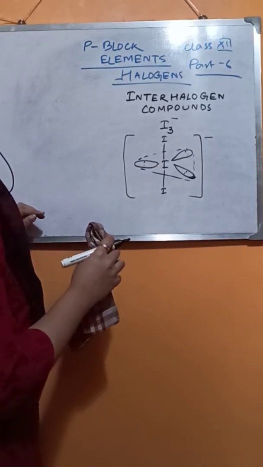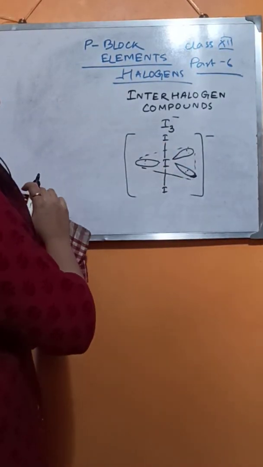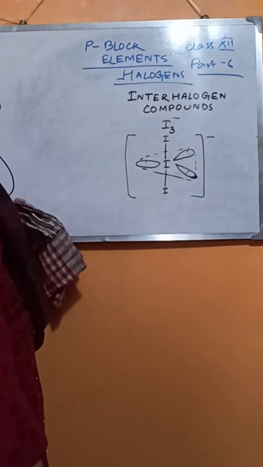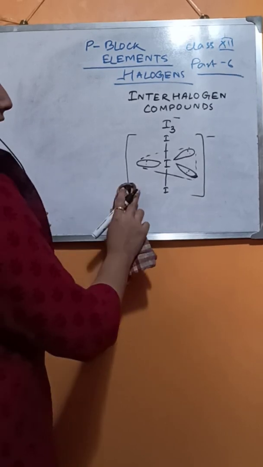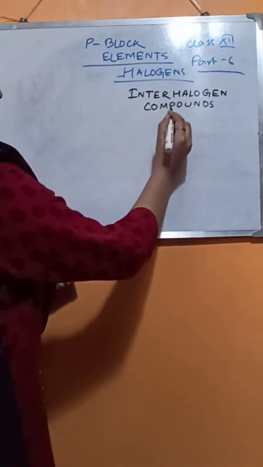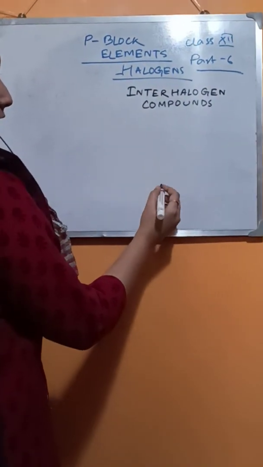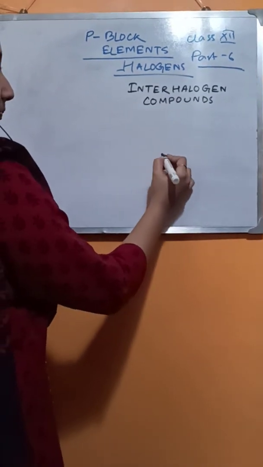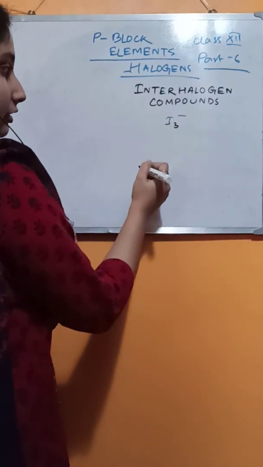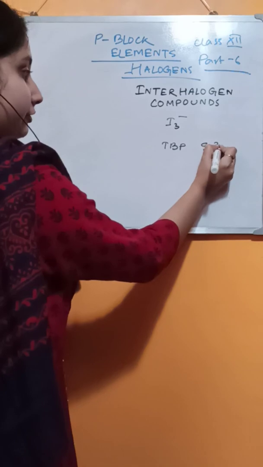This is the negatively charged molecule whose structure can be written like this. Before coming to the next molecule, let me tell that the actual structure of I3 minus should be TBP and hybridization is sp3d.